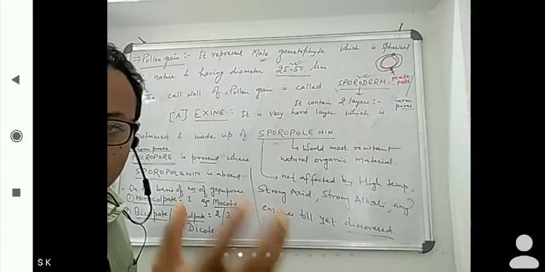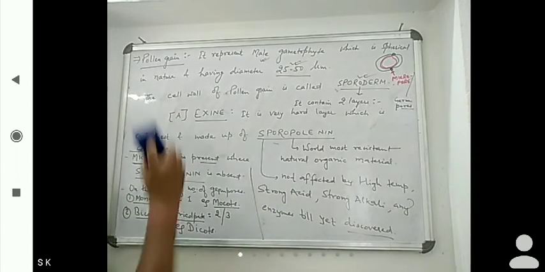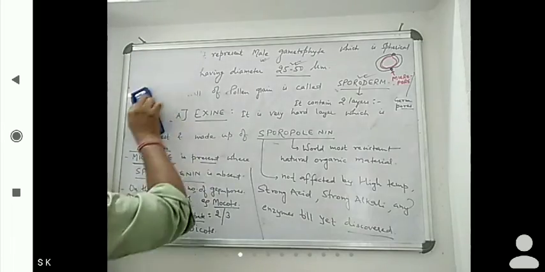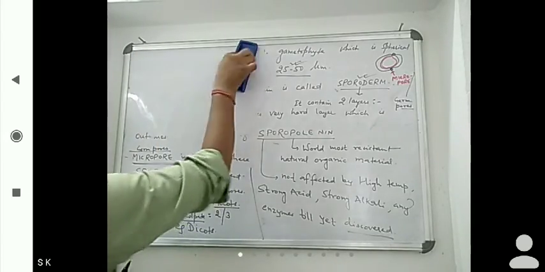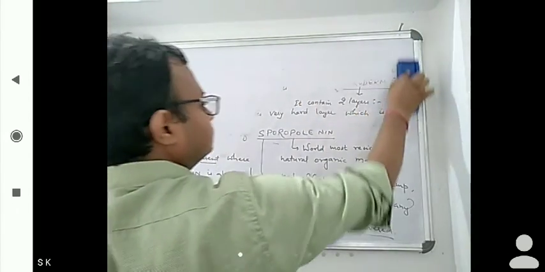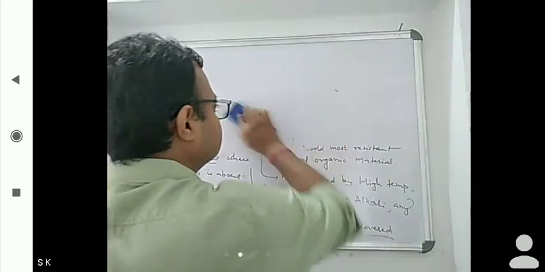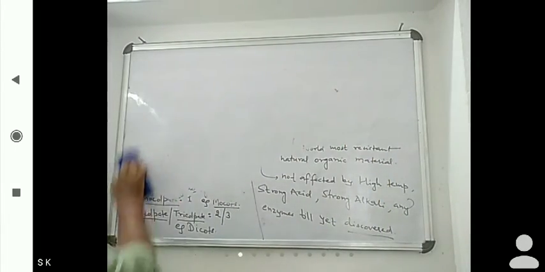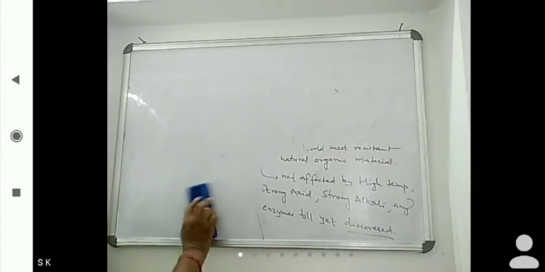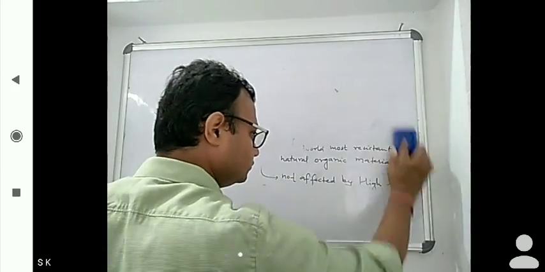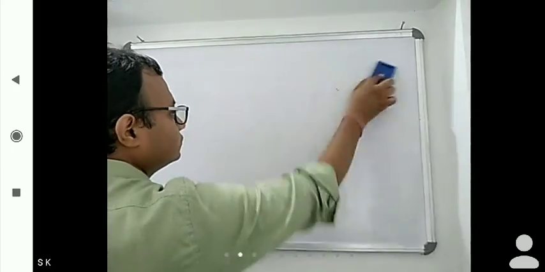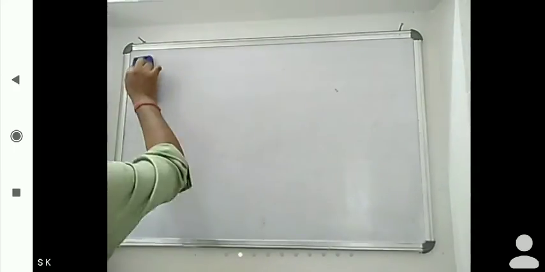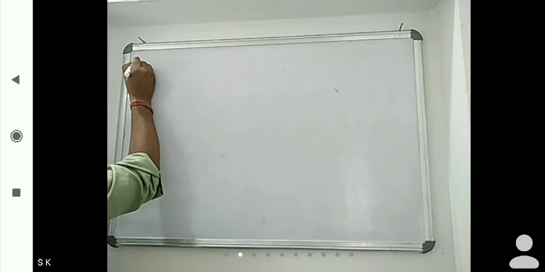Now next we have to come on, first what we saw, the outer layer is exine. Now we need to come to intine. So the next layer is intine.